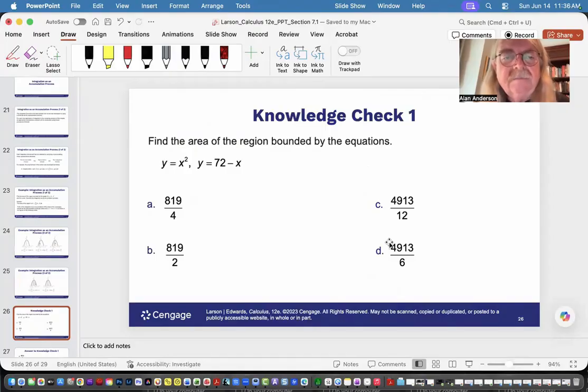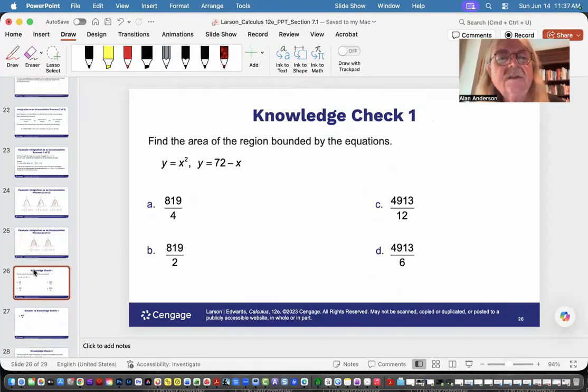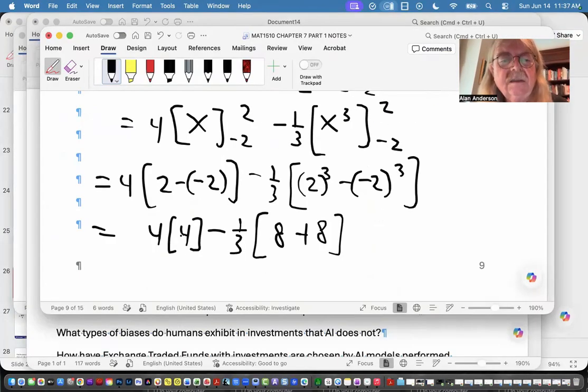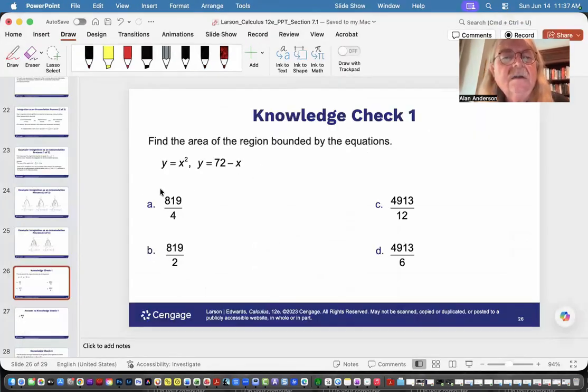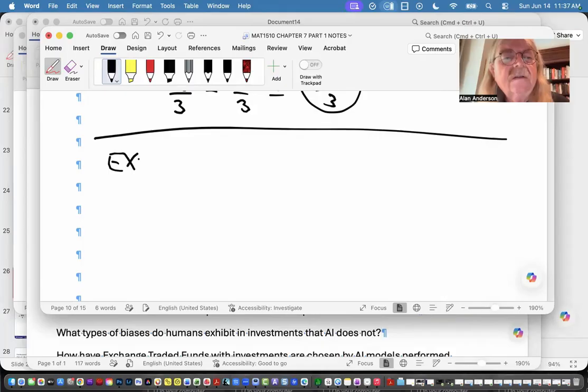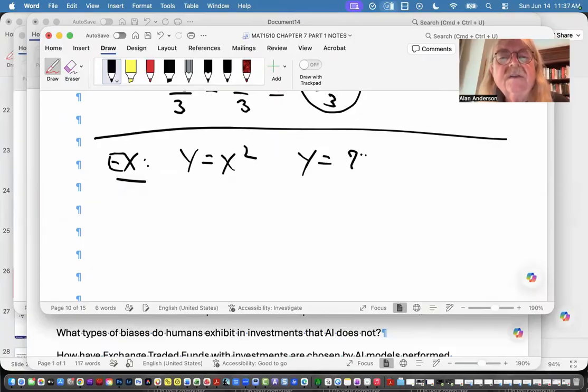All right. So they want us to try one of these and see how far we get. Let's try this example just to get some practice. y equals x squared and y equals 72 minus x.